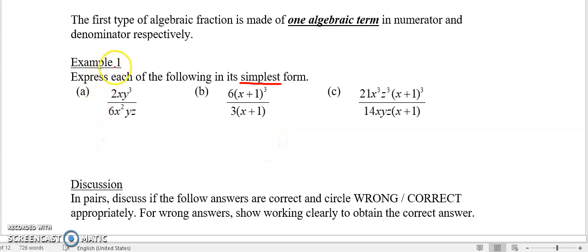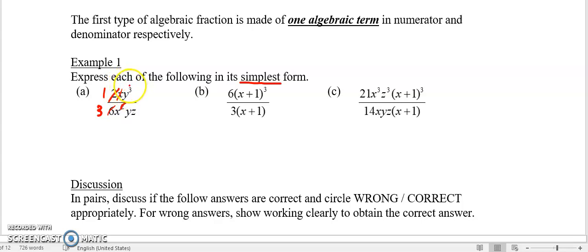we can see that there's a common factor between 2 and 6, so we can simplify. We'll have 1 on top. And between x and x squared, x squared is actually x times x, so we can reduce the power of 2 to 1 in the denominator.